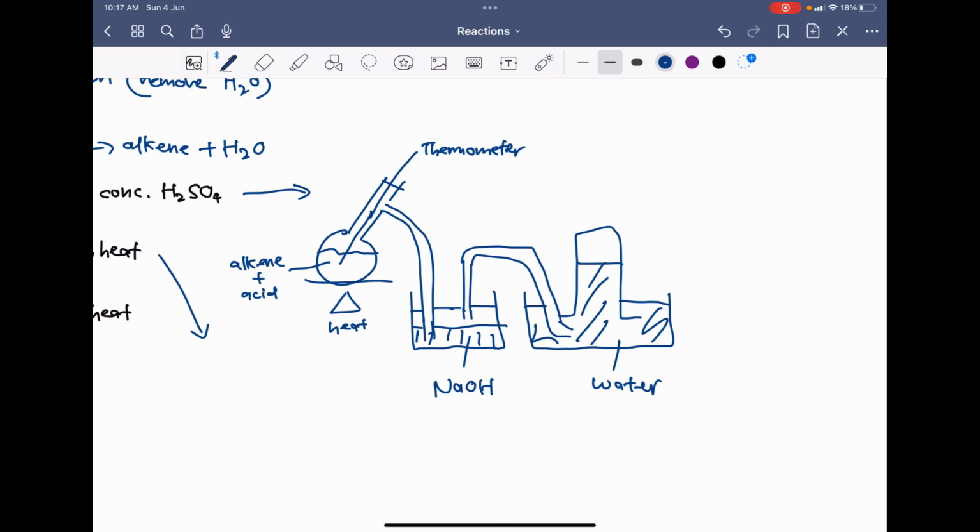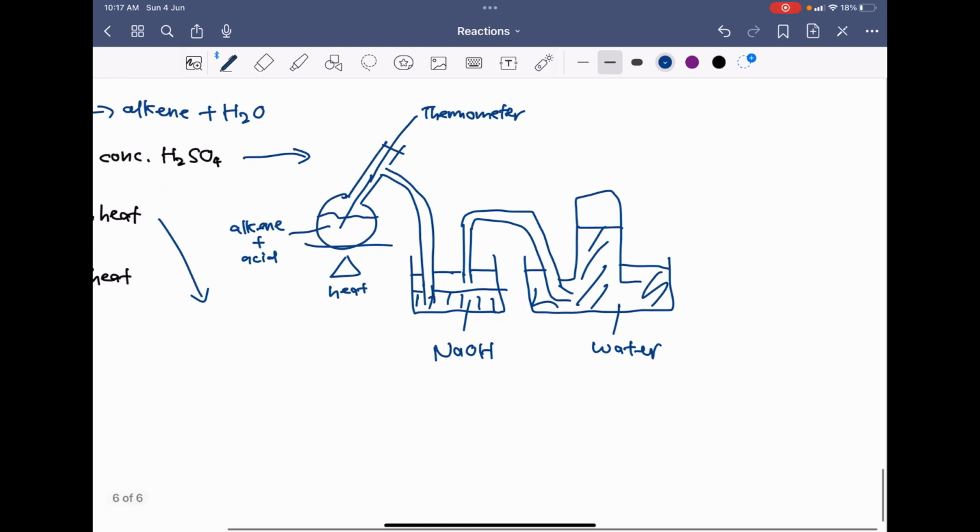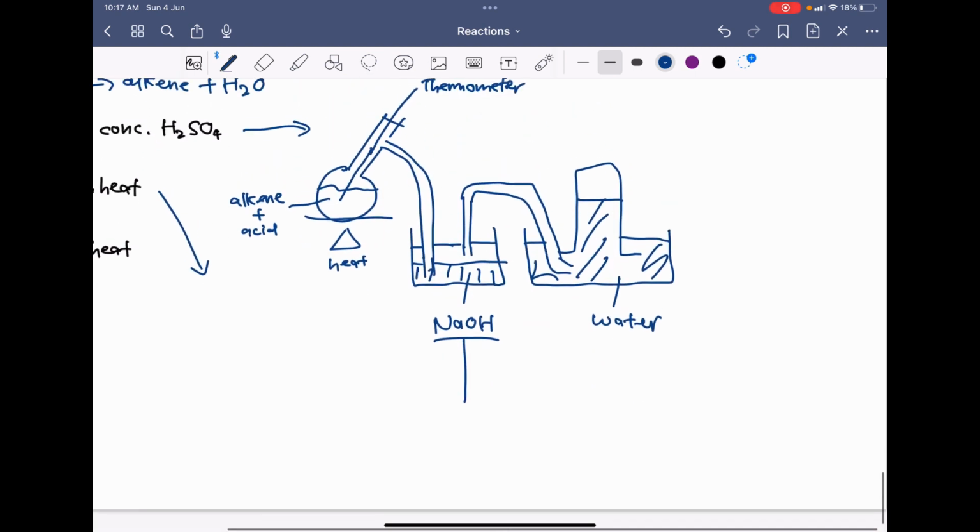And there's something you need to note about this. They may ask you this during exam. So number 1, why do you need sodium hydroxide?